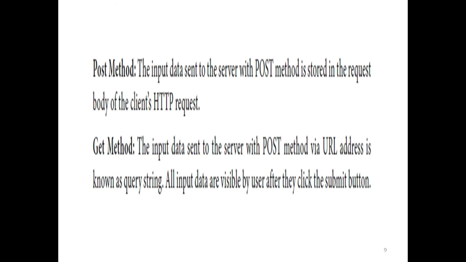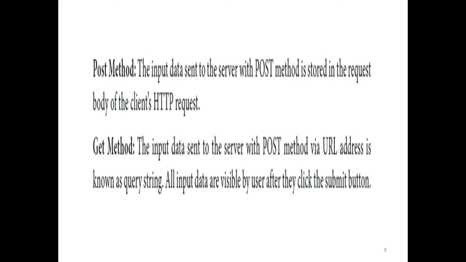Get method: the input data sent to the server with the get method via the URL address is known as the query string. All input data are visible to the user after they click the submit button. For example, the get method is like when you see the PES2 result, PES1 result. What are the input data?